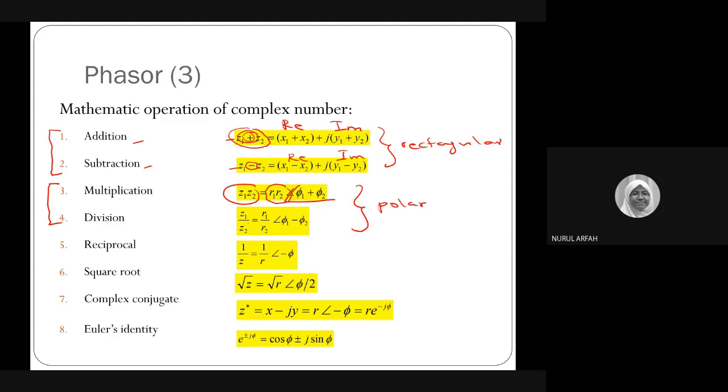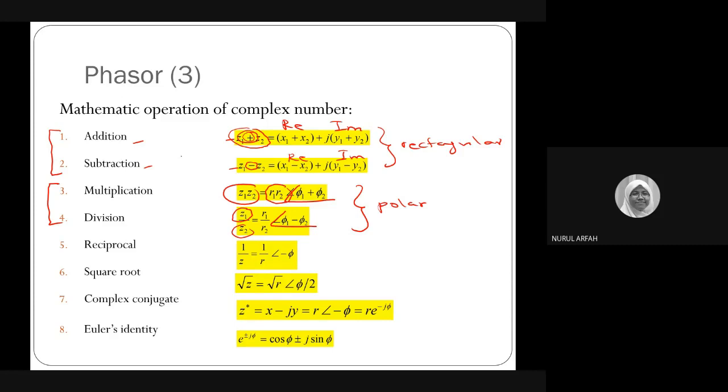For division, Z1 divided by Z2, the amplitude of 1 should be divided by the amplitude of 2, and the phases should be subtracted. Okay, so this is the second.